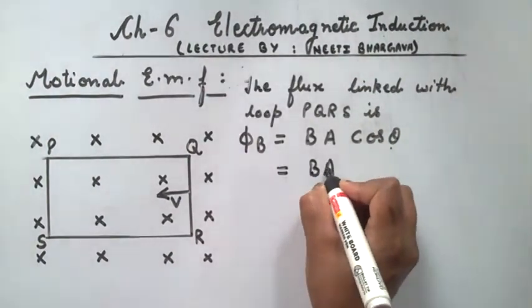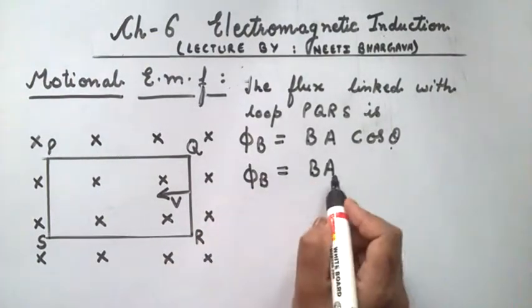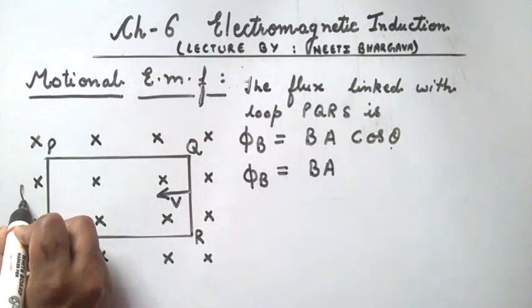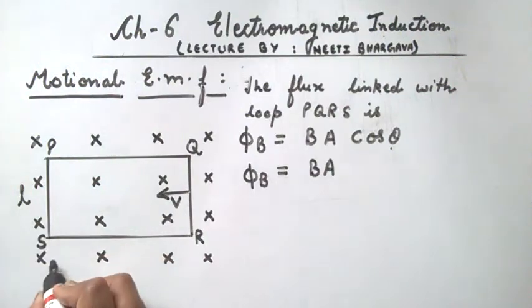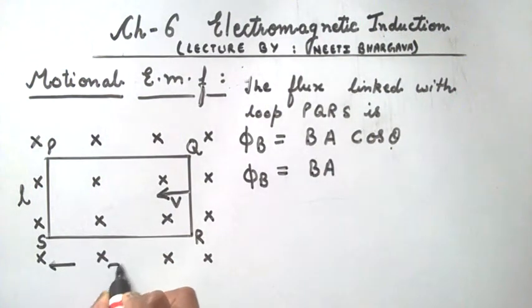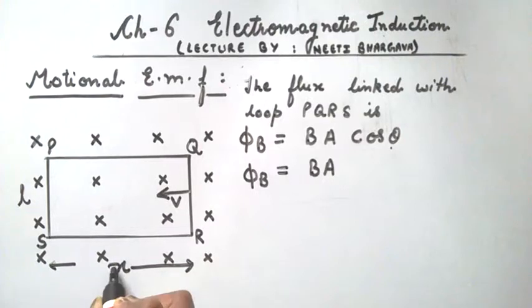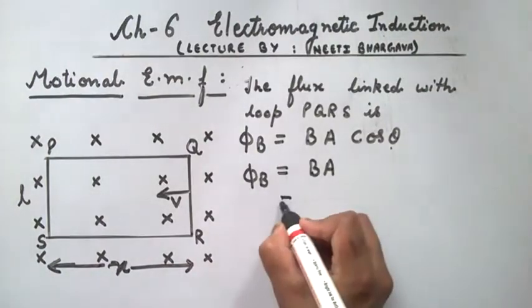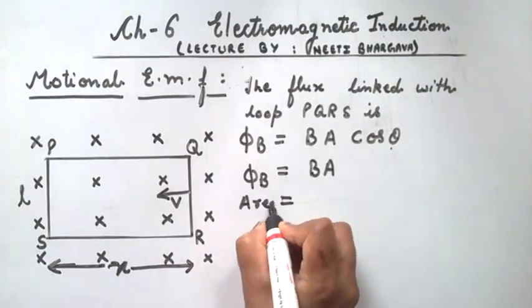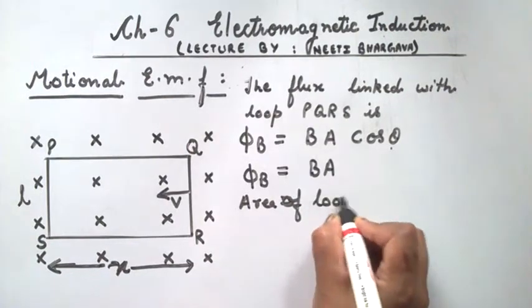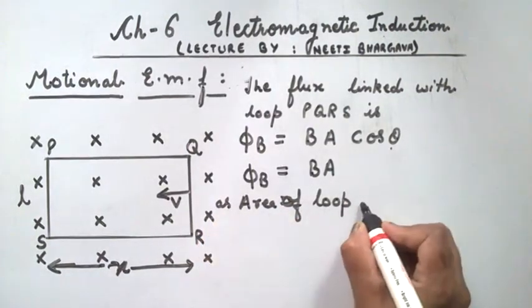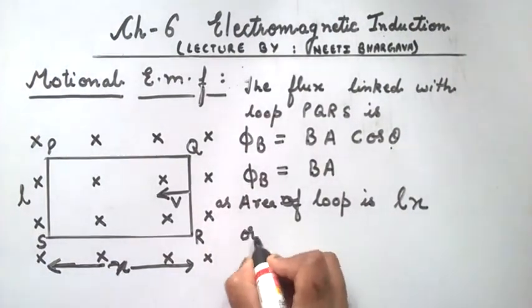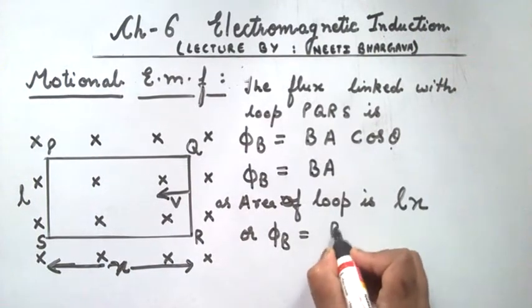The flux is maximum, equal to BA. Area is, let us take its breadth as L and length as x. Therefore area is L into x, or phi B equal to BLx.